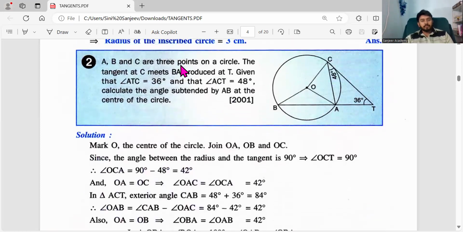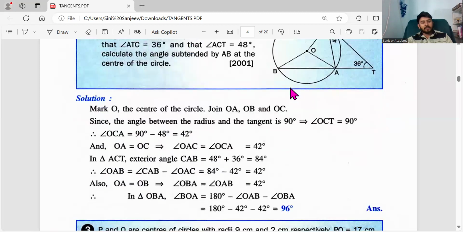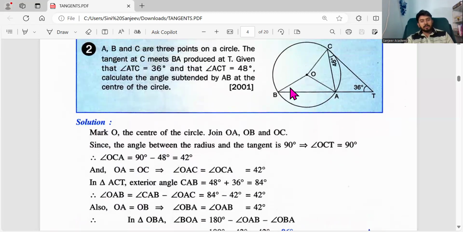Next question. So they have given a diagram here. Calculate the angle subtended by AB at the center of the circle. In the sense, I define what angle AOB or BOA that I have to find. So how to get it?